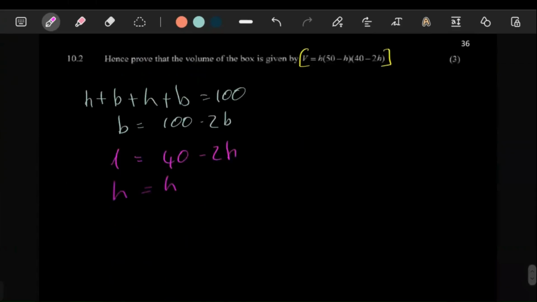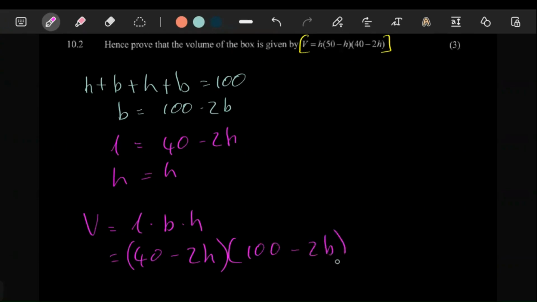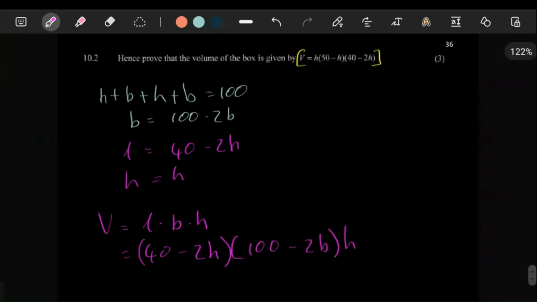Those 3 unique lengths, we can just put them in our volume formula. It's going to be length times breadth times height, which is going to be equal to 40 minus 2H, times breadth, which is 100 minus 2H, and then times H. So if you want to write it like this, it's not an issue.